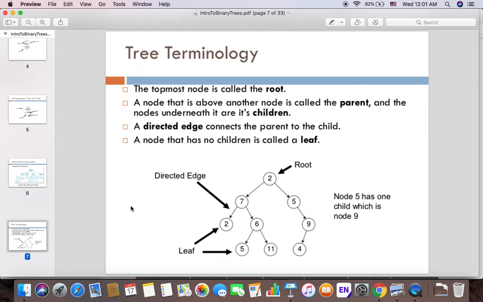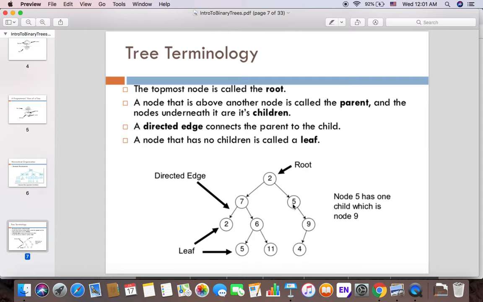And here we have different tree terminology and phrases that we use in programming. As mentioned, on the top we have a root node, then we have directed edges that connect the different nodes together, and we have a leaf node, which means a node that has no children is called a leaf node. And also we have parent nodes, which are node 7 and 5 here.